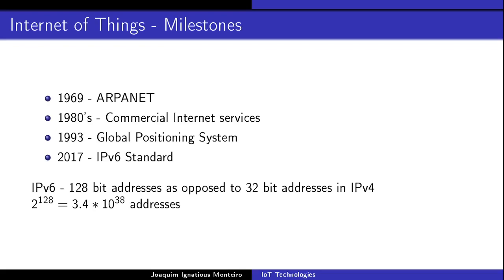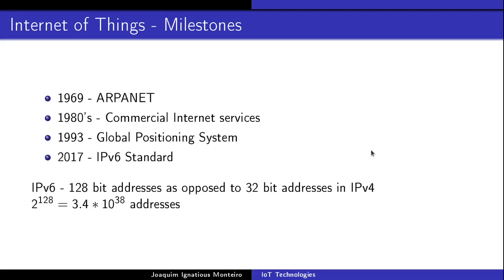So the key here is that we have more IP addresses than the total number of human beings in this world. As of now, we have switched over from IPv4, which was a standard which had its address space exhausted.